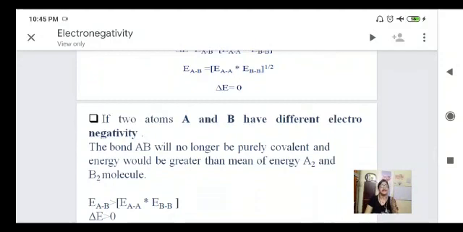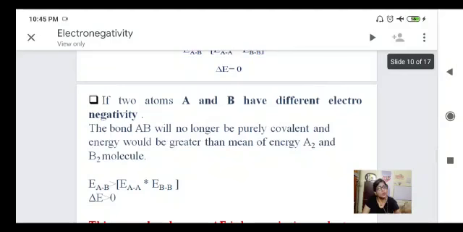For example, A and B are two elements of different electronegativity which form a bond between them and form a molecule AB. The bond AB will no longer be purely covalent because they differ in their electronegativity, and the one with more electronegativity will drag the bonded electron pair towards itself. So, the electron pair will be shifted to the atom with higher electronegativity.